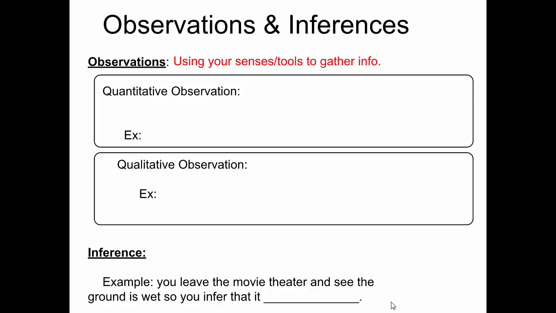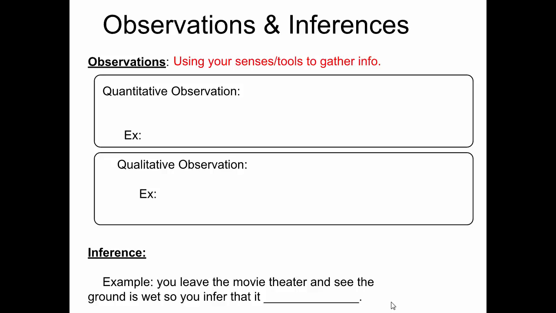And we have 2 categories of observations that we need to know about. They're called quantitative observations and qualitative observations. They sound similar, so sometimes people might get confused. But the word quantitative, what word do you see in there?